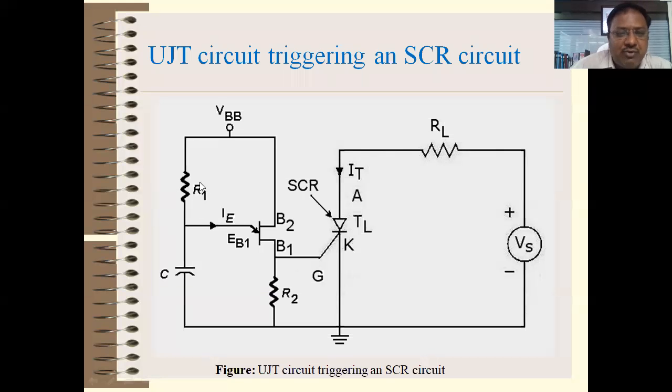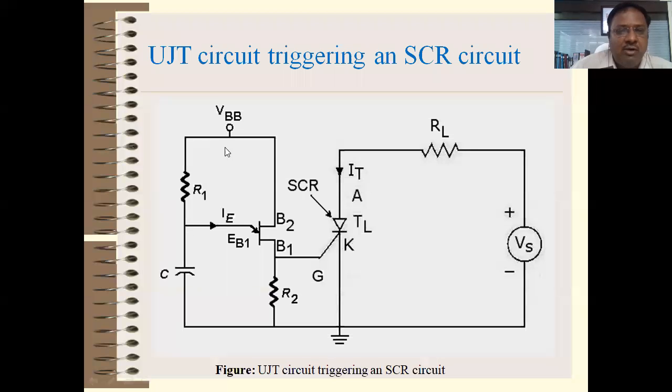If R1 is variable, you can adjust the RC time constant. The RC time constant decides when to turn on the UJT. If you control the time to turn on the UJT, automatically you can control the firing angle of the SCR. So R1 is a variable resistor, and you can adjust the RC time constant.